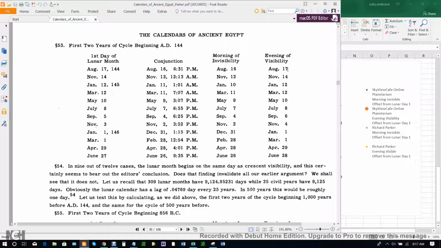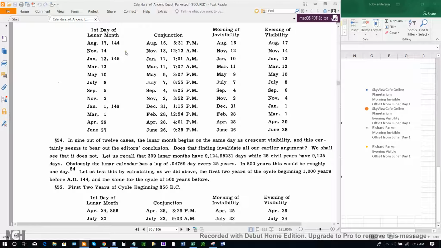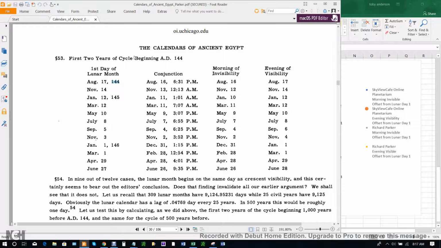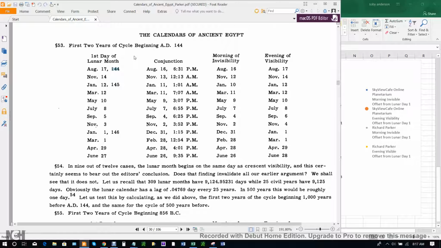Problem is, he wrote his book in like 1950, and they didn't have computer programs back then, so everything was done by mathematical tables, and I think there's some errors. Okay, so he goes through the books, and this is for the year 144 AD. The reason he starts here is that's the year they think the Carlsberg number 9 papyrus was written.